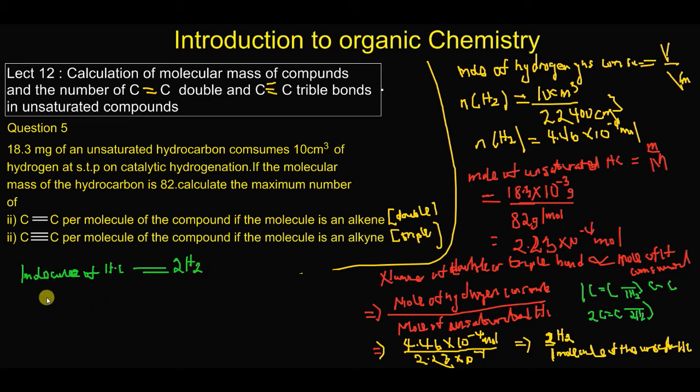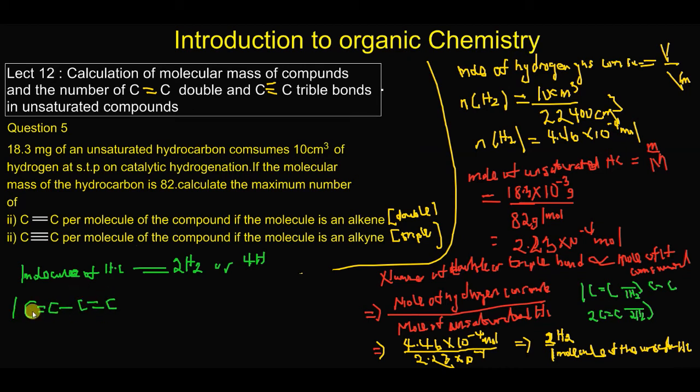Therefore, to consume 2 moles, that means we have consumed 4 hydrogen atoms, and if we draw the compound to be this, this 1 molecule of the compound contains a certain number of bonds.